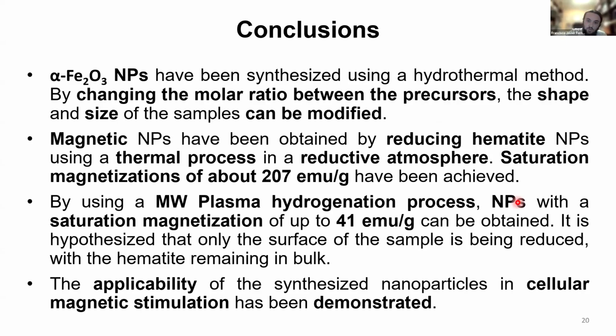And by using the microwave plasma hydrogenation process, we have obtained nanoparticles with a saturation magnetization of up to 41 emu/g. And we think we have a core of hematite and a shell of iron. And the applicability of the synthesized nanoparticles in cellular magnetic stimulation has also been demonstrated.